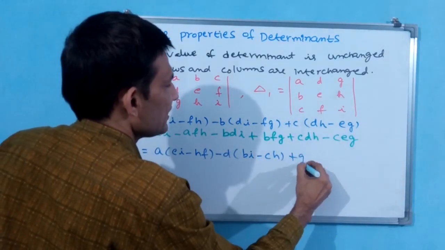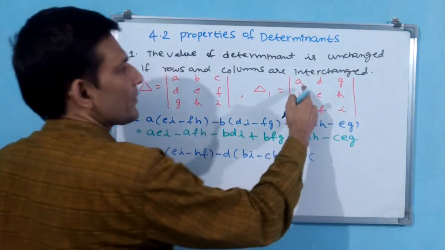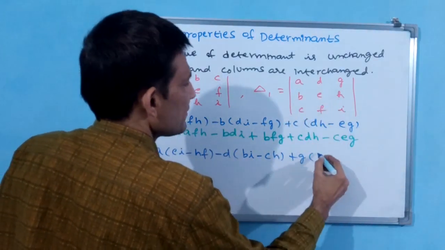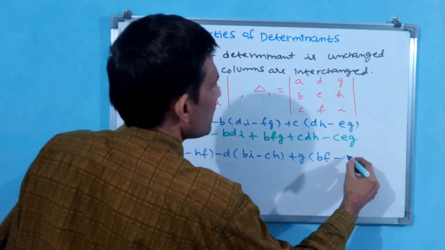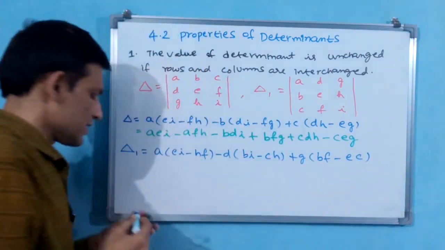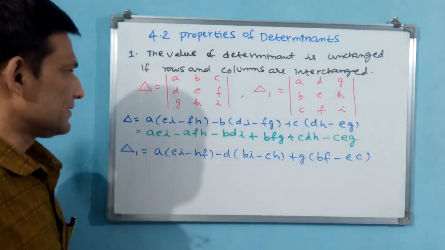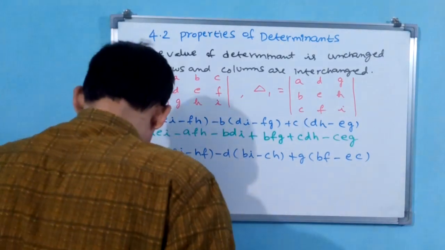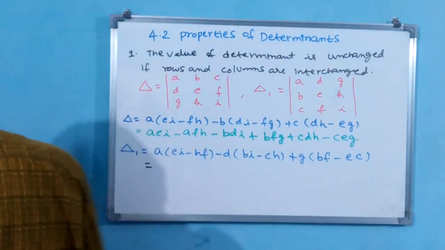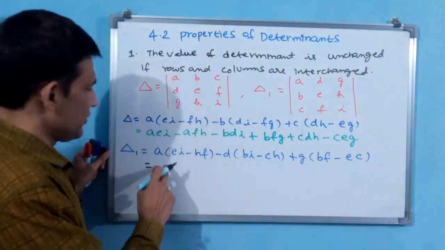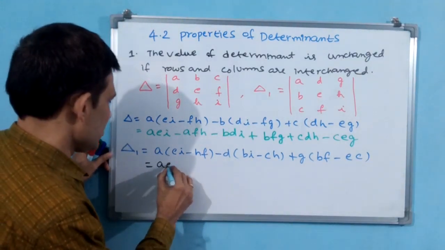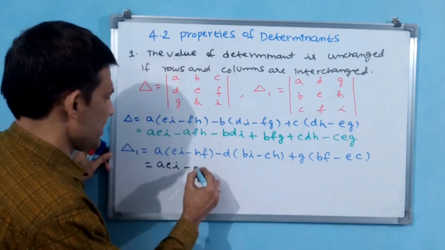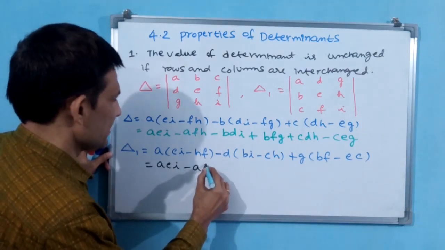Plus G into BF minus EC. This also we will expand. Then we will see whether both are the same or not. You see, AEI minus AHF. AFH we will write. Why? Because first will come F.